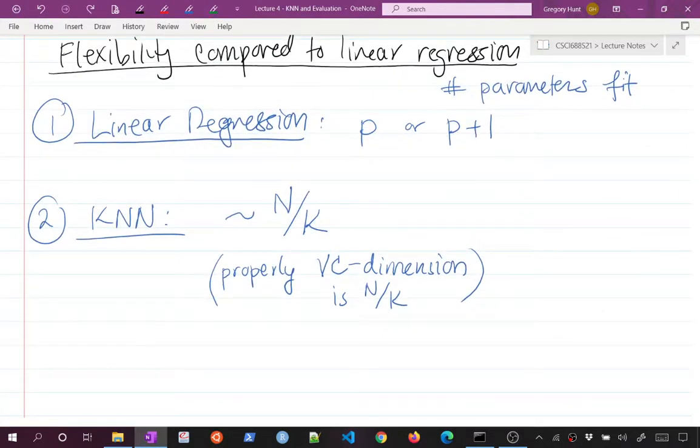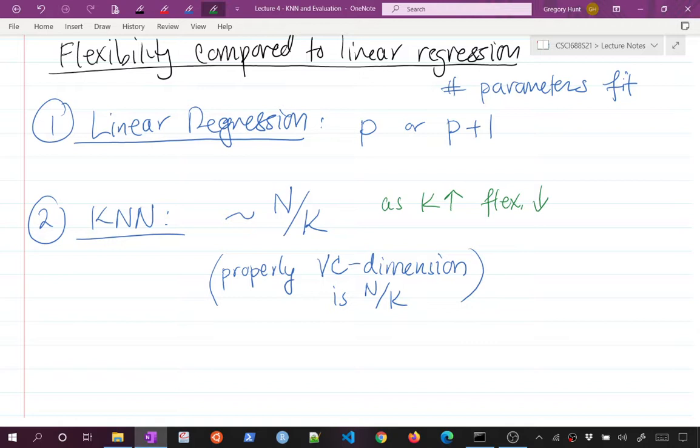And so this is called the VC dimension, whatever. It basically, on average, we need to have n over k parameters for KNN. So you notice here that as k increases, the flexibility decreases. Because if I have more parameters, I can fit a more complicated function.